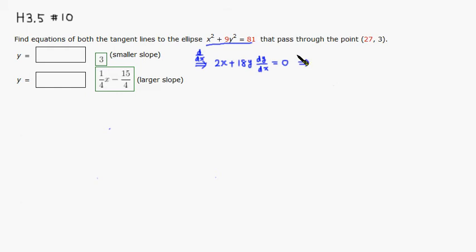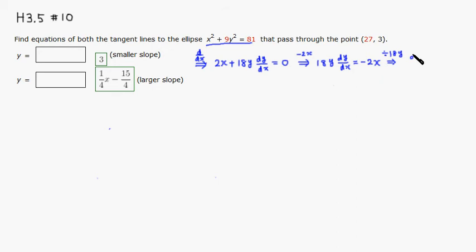First, subtract 2x from both sides, so you have 18y dy over dx is equal to negative 2x. Then you can divide through by 18y.